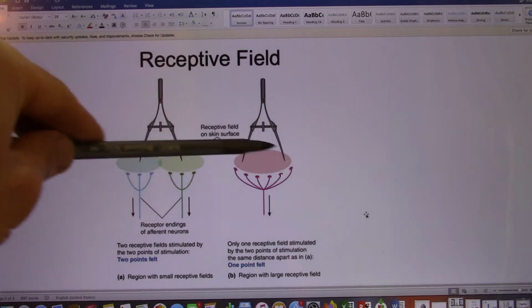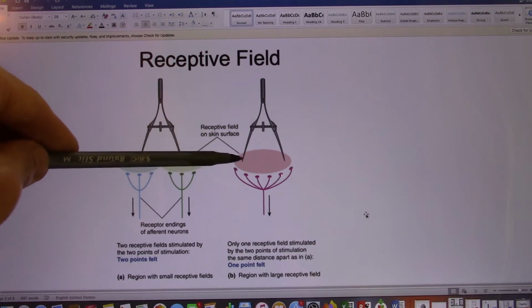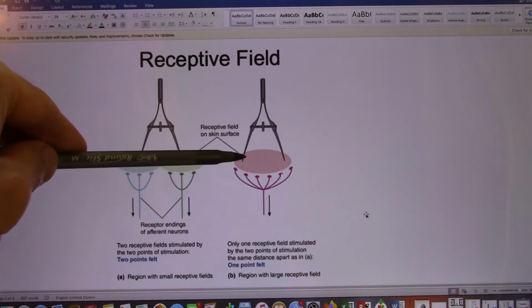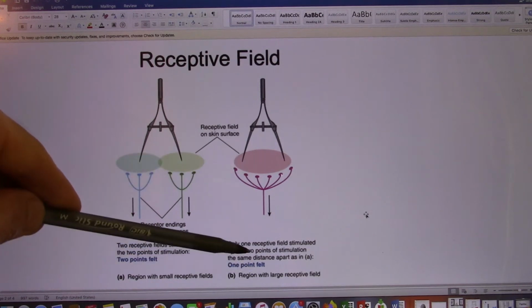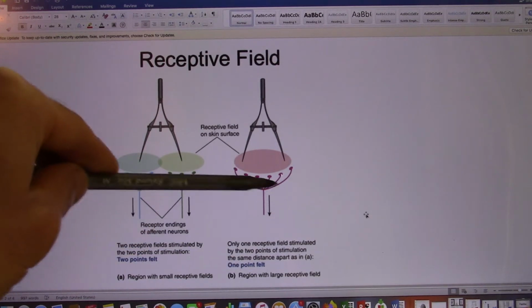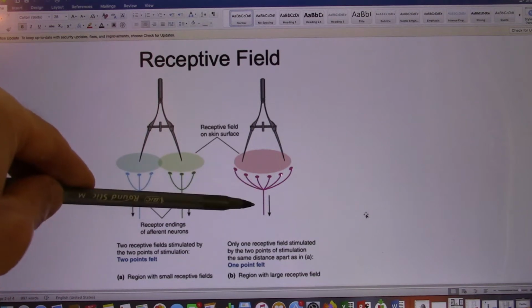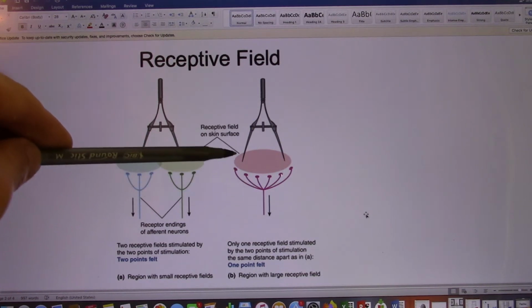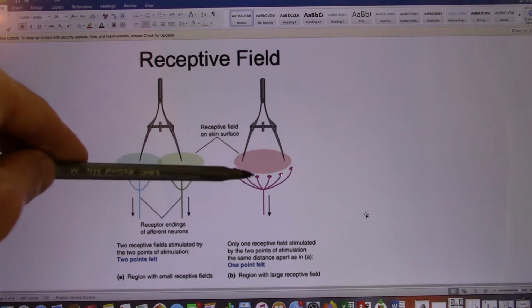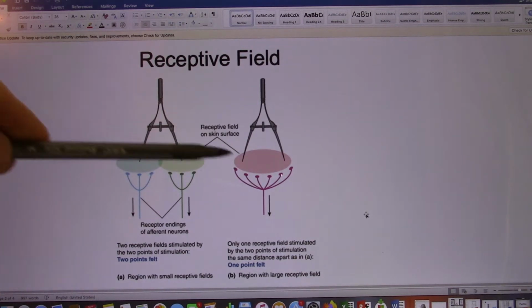If the area has a big receptive field, and you touch 2 points within the same receptive field processed by the same neuron, then all the brain receives is the electrical signal from that one neuron. The brain cannot tell that 2 points are being touched, because the signals are all the same. So your brain feels like 1 point is being touched.